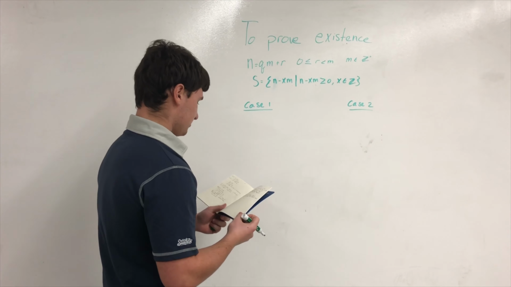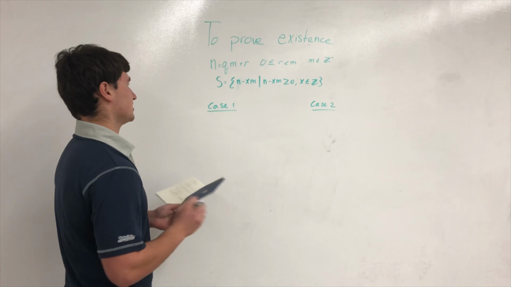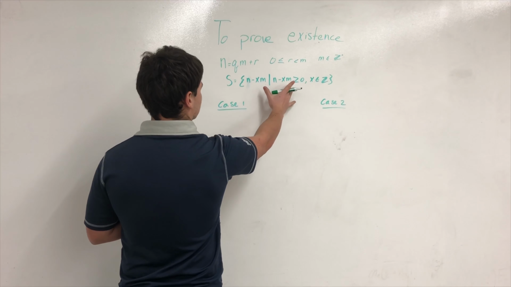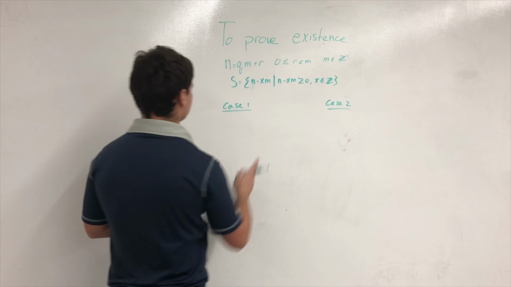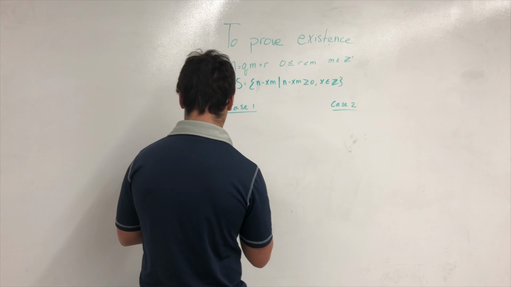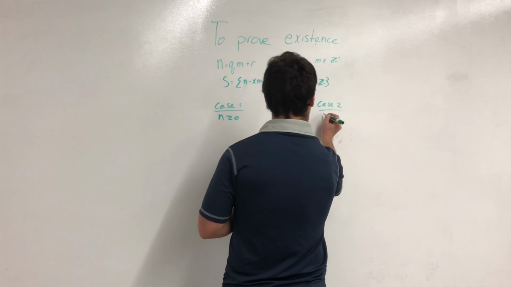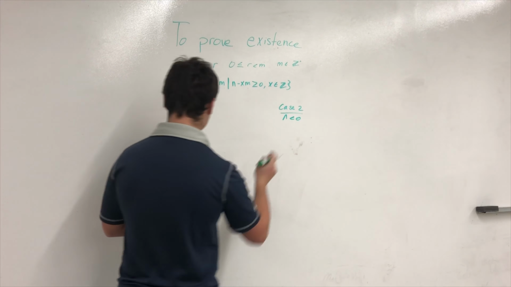To do this, we're going to first find cases that satisfy n minus xm is greater than or equal to 0. We're going to split this up into two cases. These two cases are n is greater than or equal to 0, and n is less than 0.